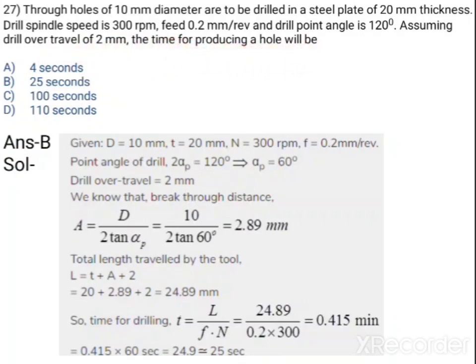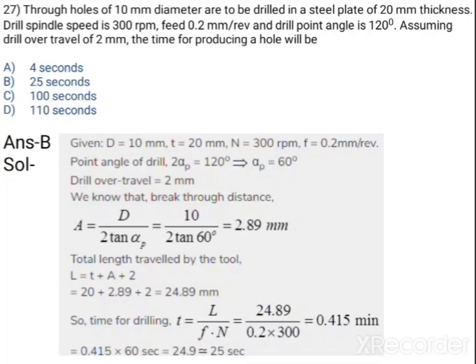Very easy question, we have already taken a similar one. Diameter is 10, thickness is 20, rotational speed 300, feed 0.2 per revolution. Drill point angle is 2 alpha equal to 120, so alpha is 60 degrees. Over travel distance is also given as 2.